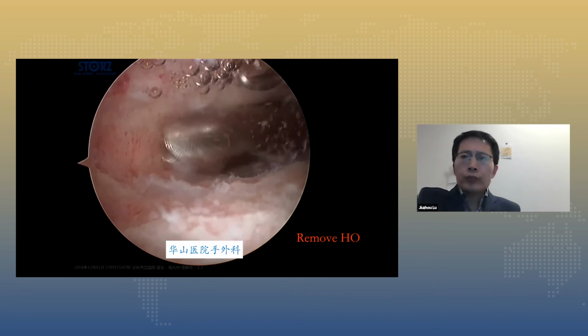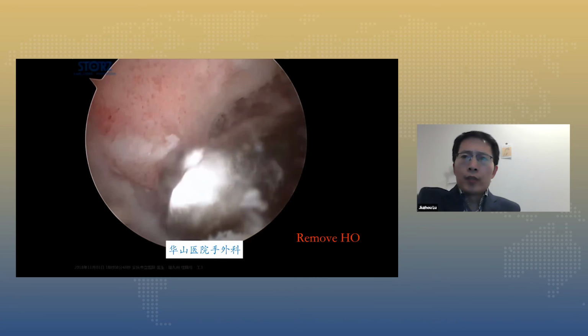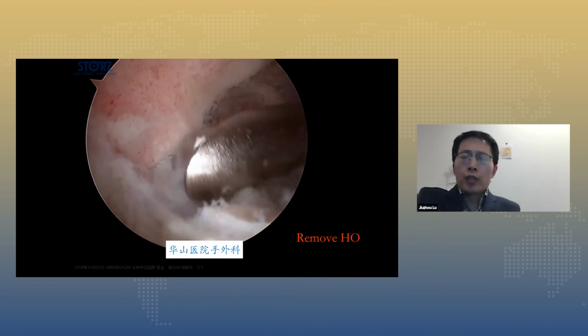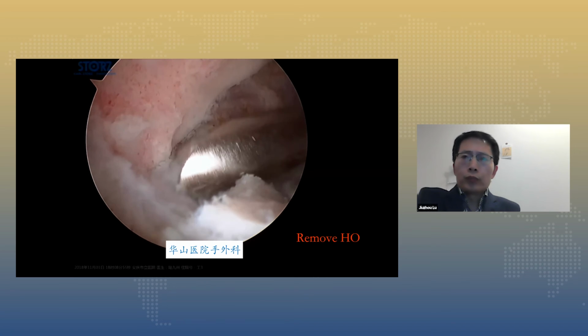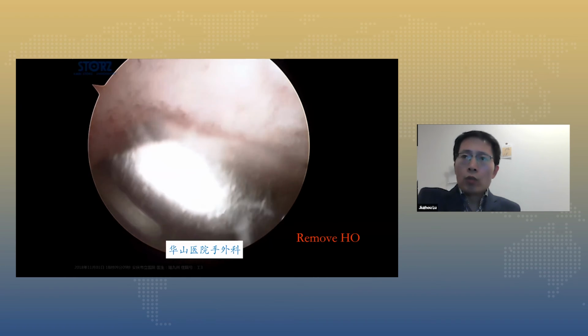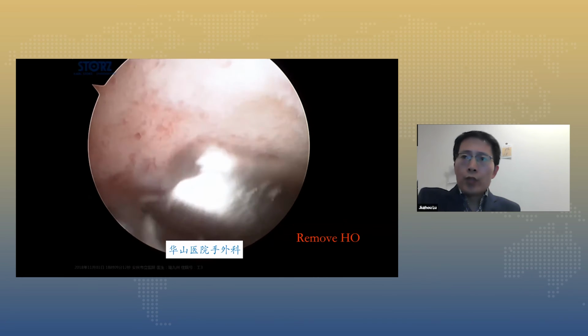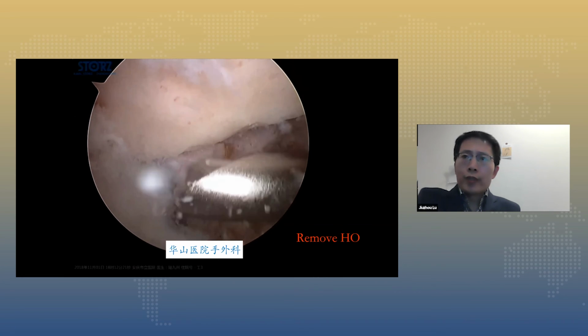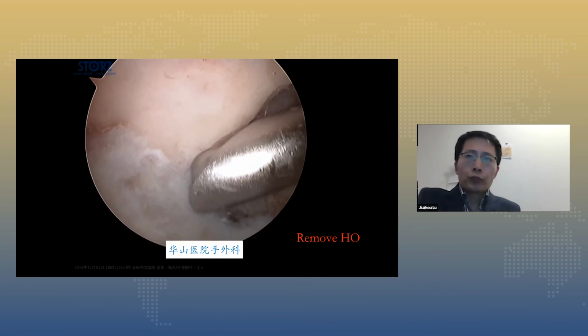There's no nerve, ligament, or tendon. Anterior to the HO is the brachialis muscle. But we really need to make a very smooth surface in the distal humerus after resection of the HO.